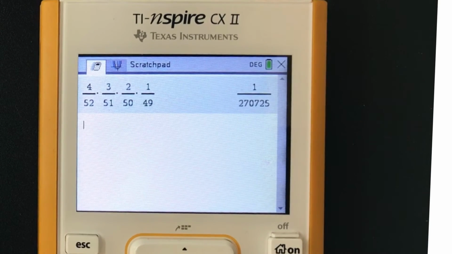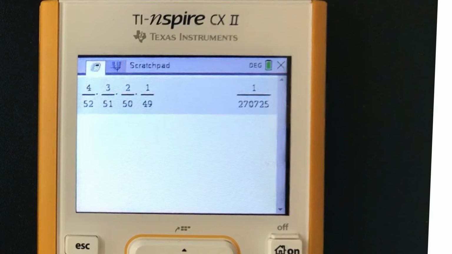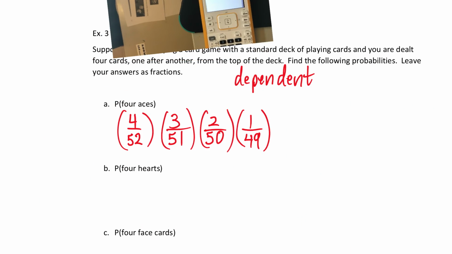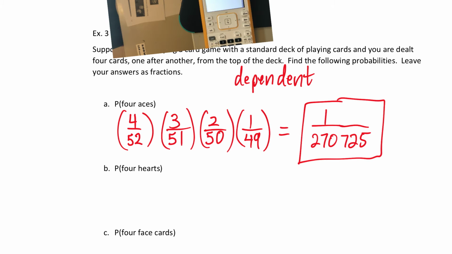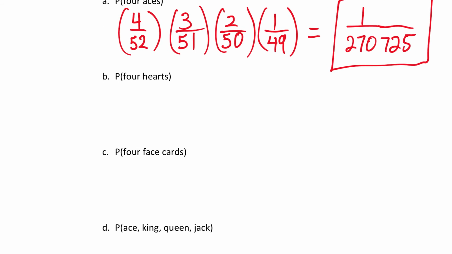Very low odds of that happening. So the probability of this happening is 1 out of 270,725 tries. Pretty low odds.